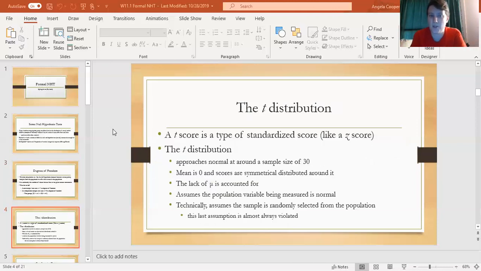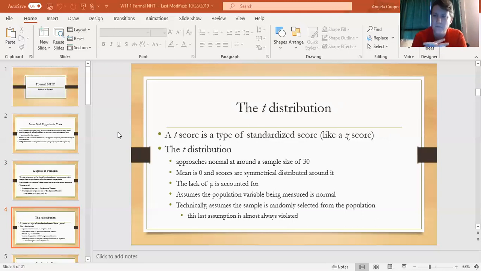So the t-distribution is a type of standardized score. A t-score is, you calculate your test statistic, your t-test statistic for t-tests. T-tests use the t-distribution, the t-statistic, and it makes it pretty easy. T goes with T. And like I said earlier, each sample size is a different distribution.